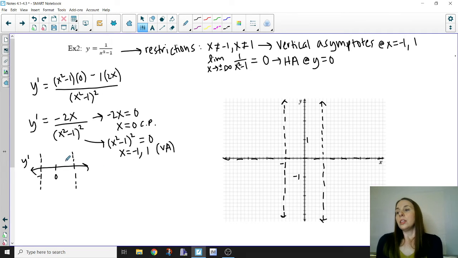Okay, so at this point, we need to pick a number between negative 1 and 0 to test into the first derivative to see if it is positive or negative, and that'll help us to determine if x equals 0 is a max or a min or neither. So I would think maybe we could go with like negative 0.5.